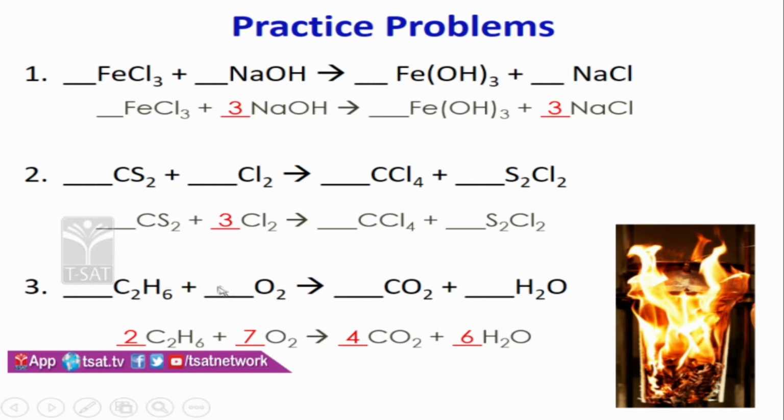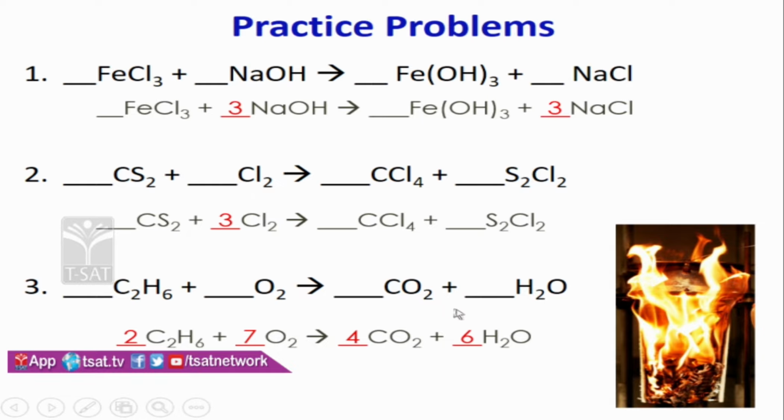Now, consider 2 here in front of ethane, 2 molecules of ethane, that means 4 carbon atoms, write 4 here. So, in the second attempt, we are writing 2 and 4. Then hydrogen, hydrogen is balanced, 12, 6 into 2, 12. Then oxygen, now oxygen will be comfortably balanced.